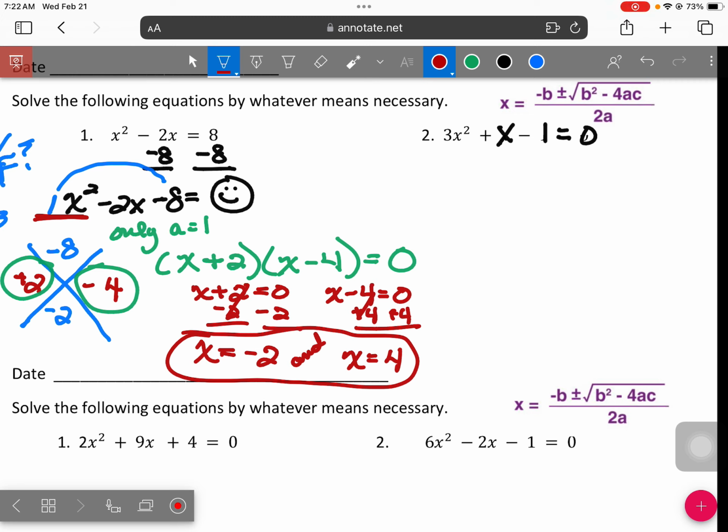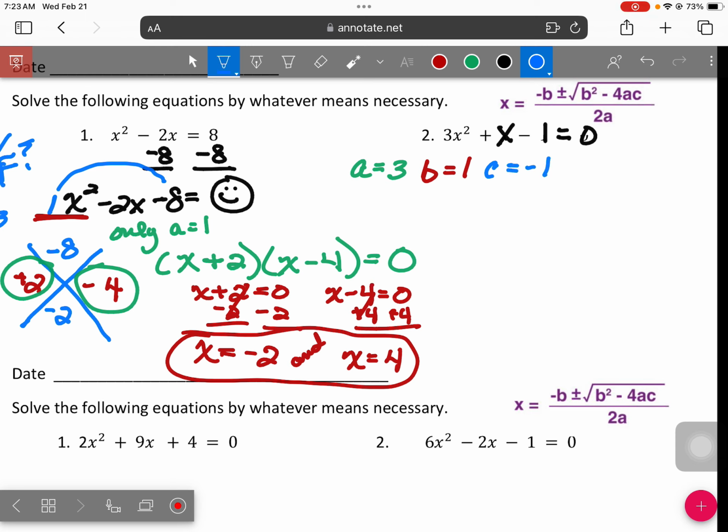So before I get to the quadratic formula, what should I be looking for? A, B, and C. So my A value is equal to 3. My B value is equal to 1. And my C value is -1.